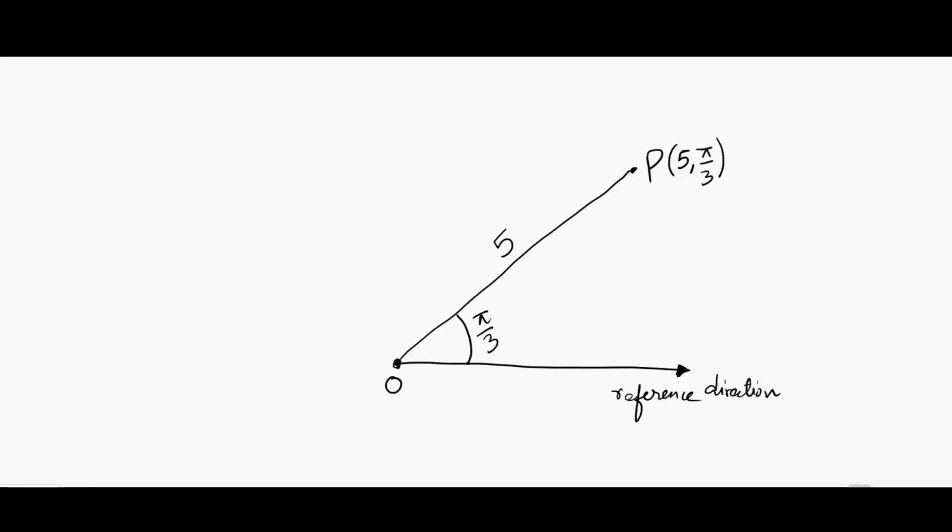On the other hand, suppose there is a point Q, and the distance of Q from O is, say, 3 units, and this line OQ makes an angle of, say, 2 pi by 3. 2 pi by 3 in degrees will be 120 degrees, and then the polar coordinates of this point Q are 3 comma 2 pi by 3.